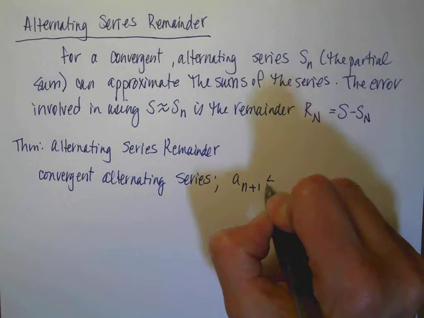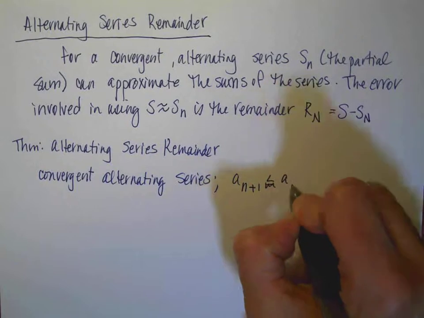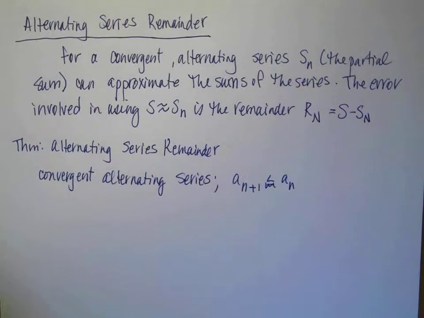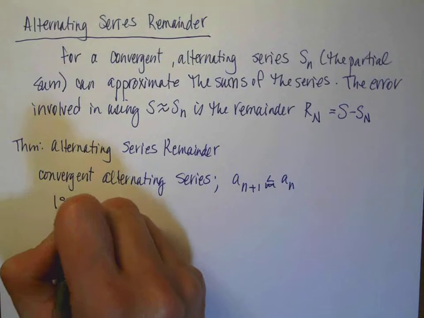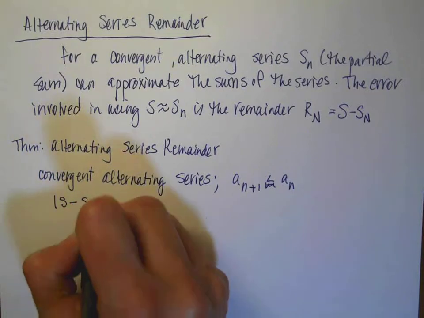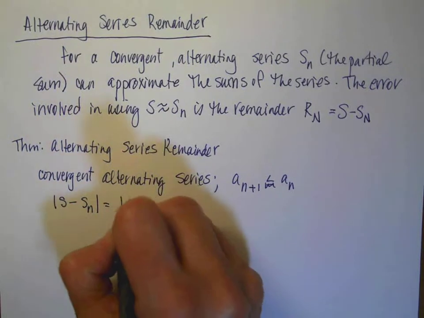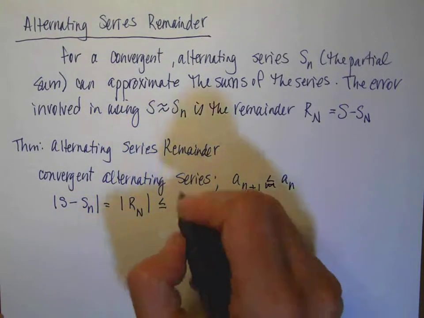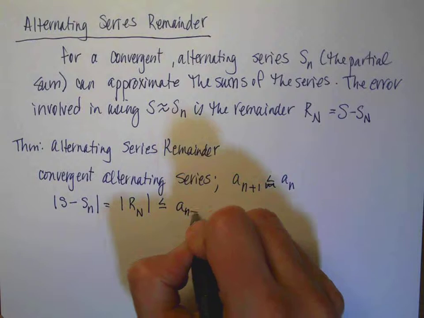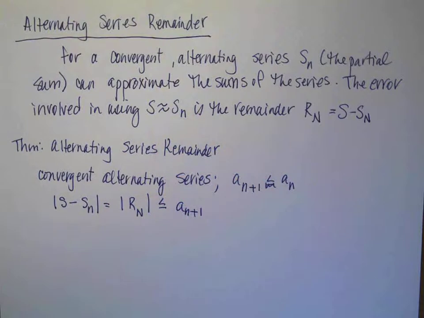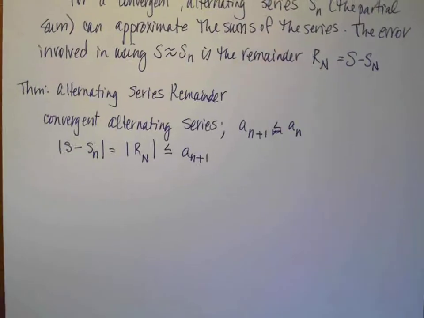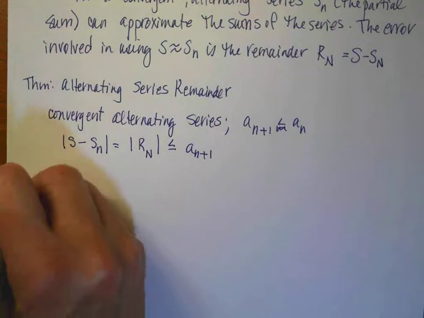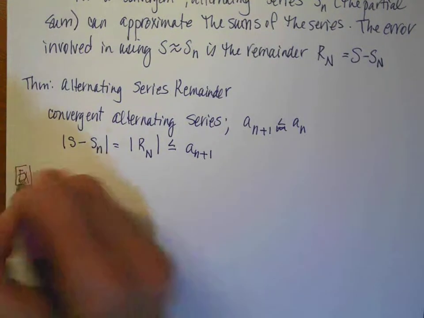Just saying. So then we know that the next term is less than or equal to the previous term. So then I'm going to know that the absolute value of the sum minus a partial sum, which is the remainder, is going to be less than or equal to the next term. And I know that seems really weird, but it's actually kind of a polite example.